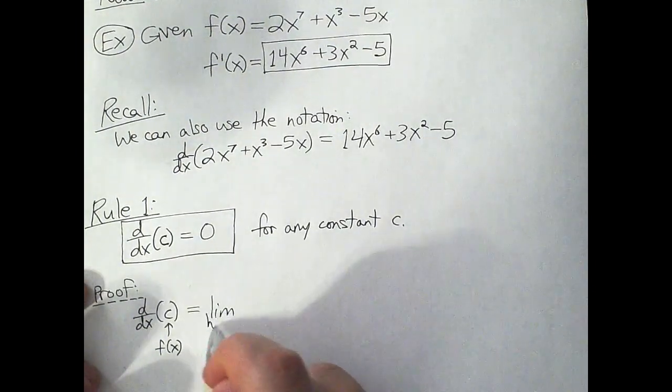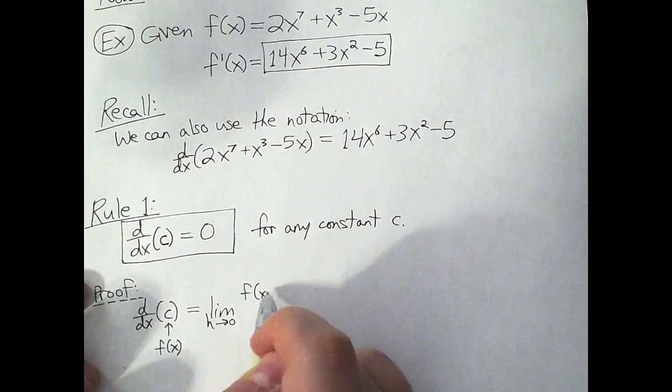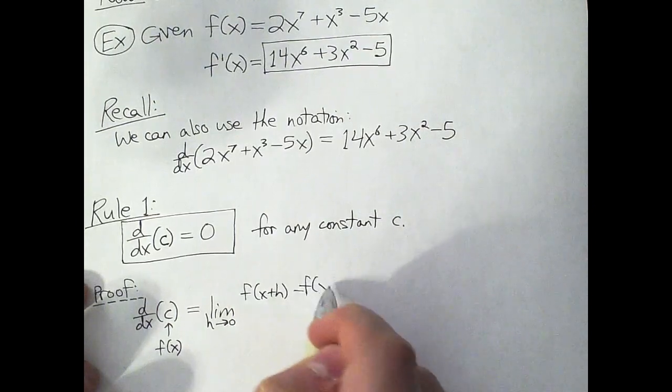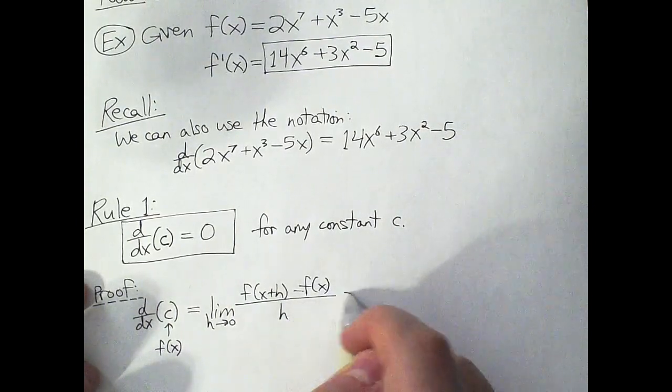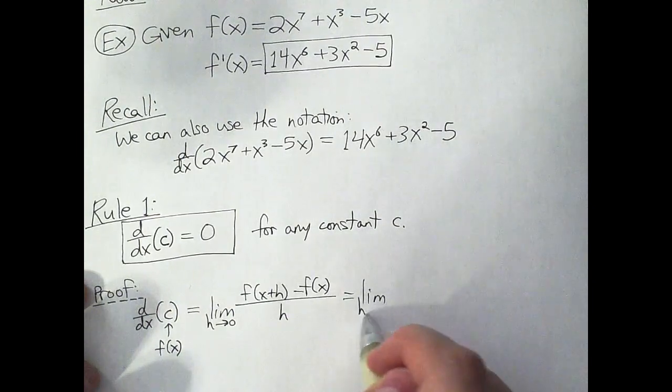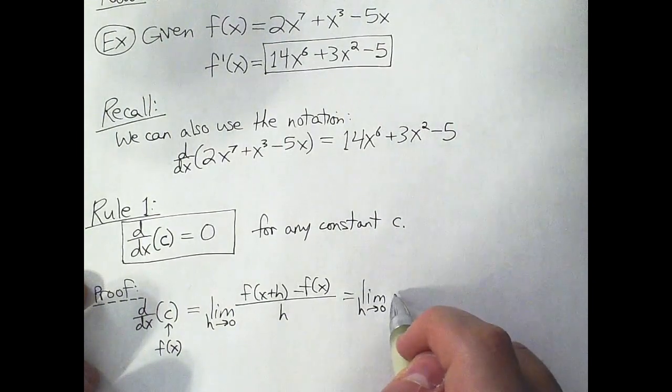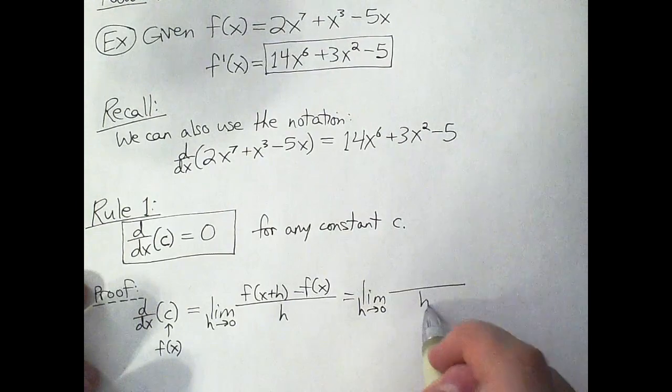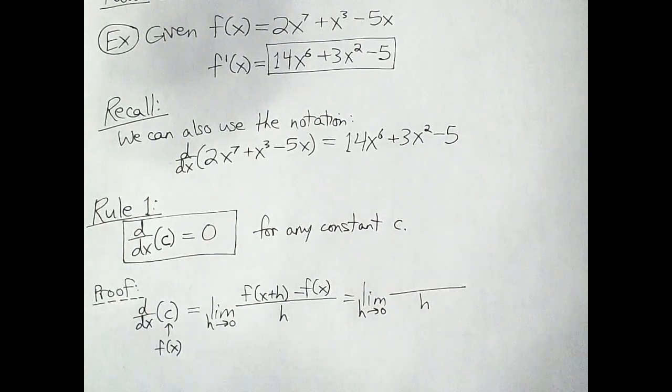It should equal the limit as h goes to 0, f of x plus h minus f of x, all of that over h, which equals the limit as h goes to 0 of... We should be good with this so far. I want to show that this equals 0, okay?